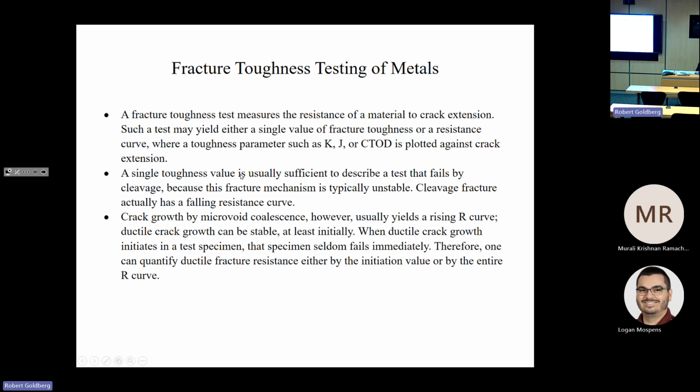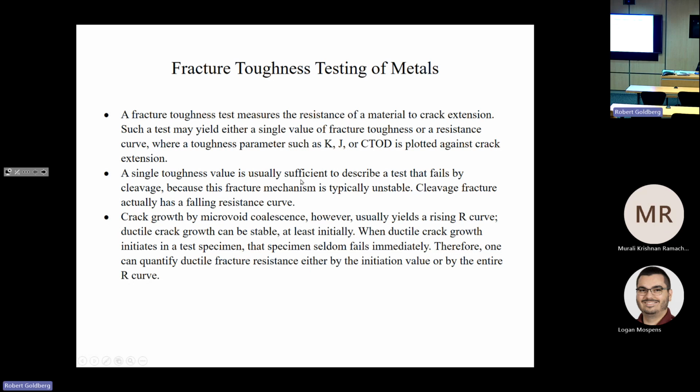Now, for this week and next week, we're going to talk about how you would actually go about measuring these values in the laboratory, and also some of the cautions to keep in mind when you're doing some of these tests.